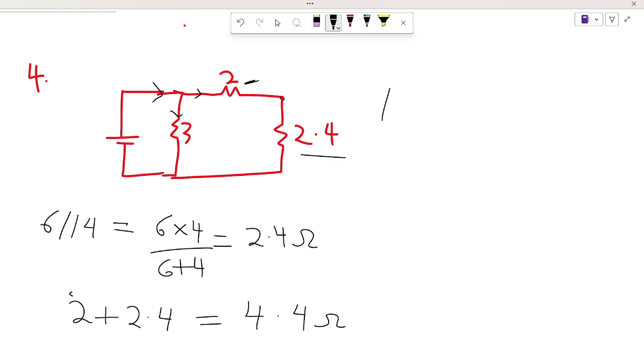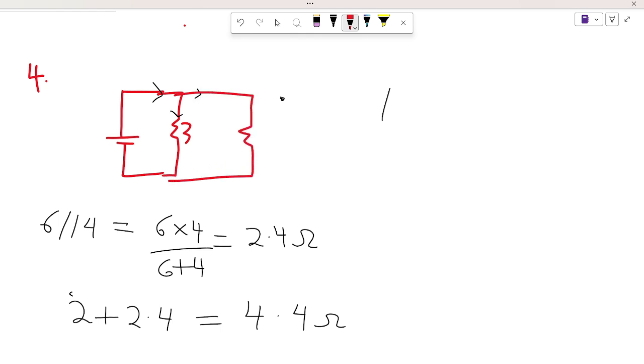So we can further reduce our circuit to 4.4 ohms. We realize that the 3 ohm resistor and the 4.4 ohm resistor are in parallel.